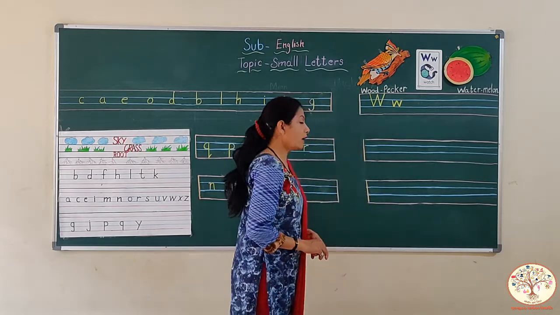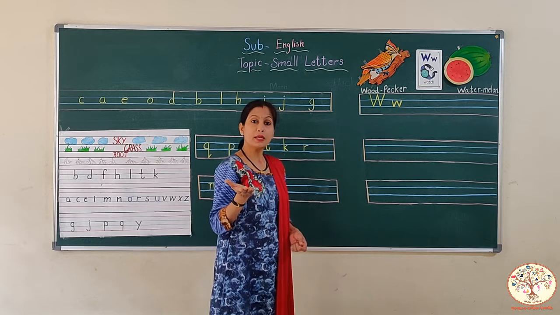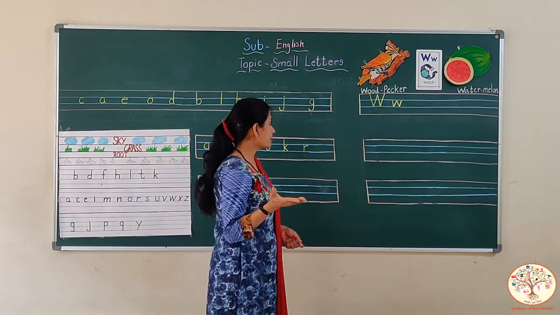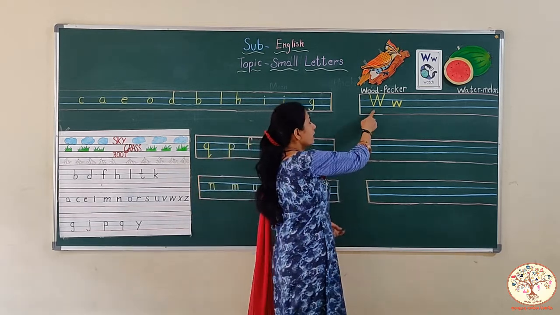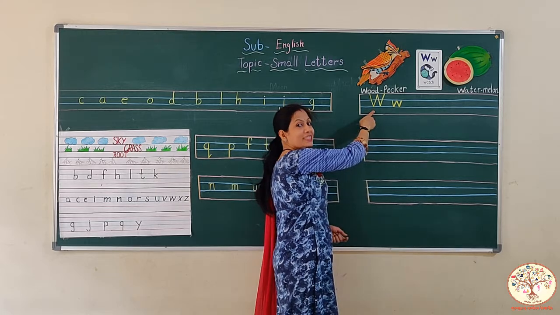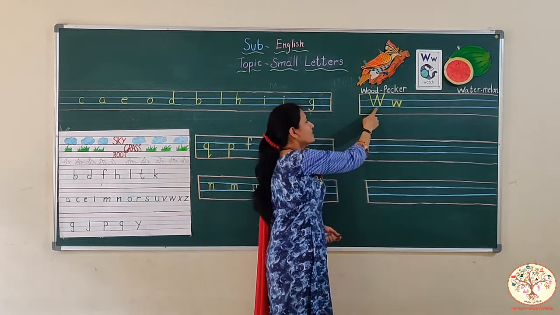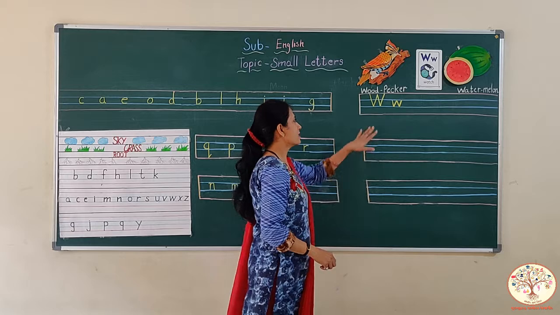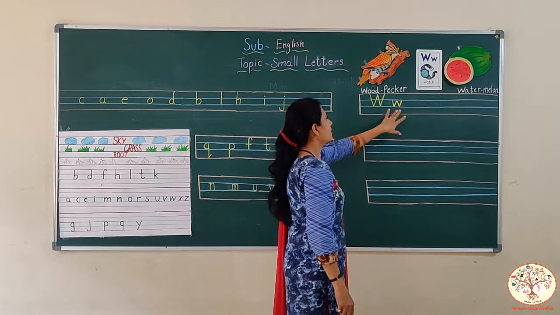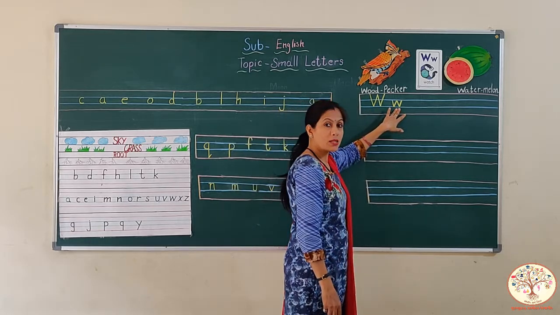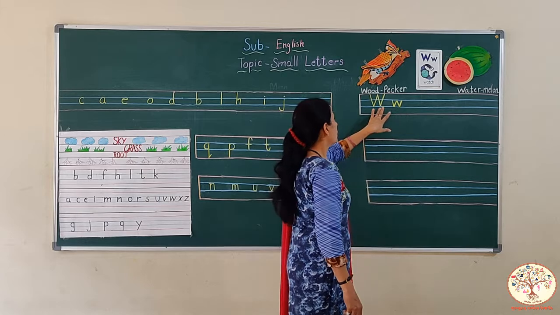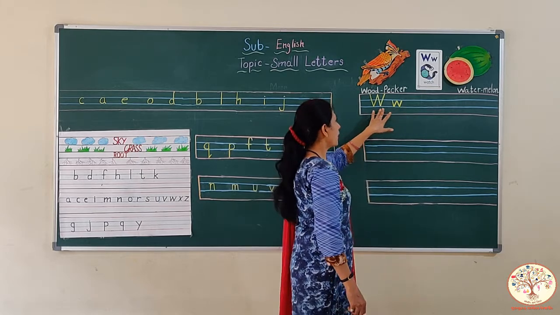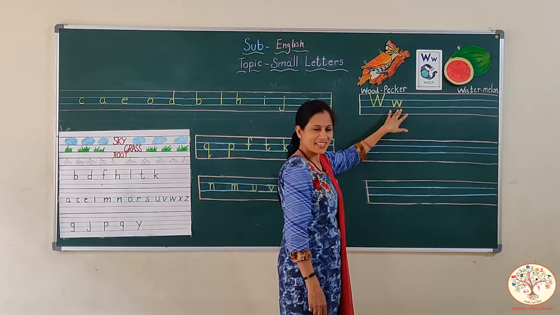Okay, now today we will learn a new letter. Which letter is this? That is W. Okay, this is capital W and this is small w. Are both looking the same?